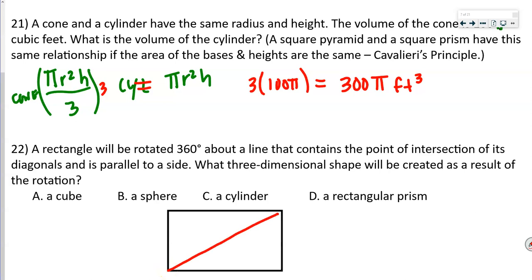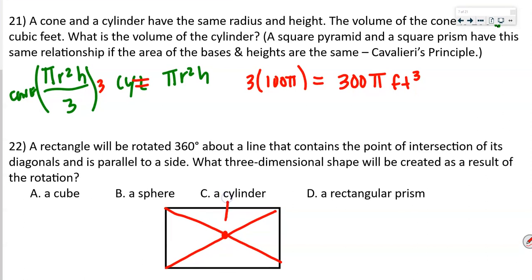So there's a diagonal, and there's a diagonal. So we're going to rotate about that point right there, right? So if we rotate about that point, what shape are we going to get? A cylinder, right? And that's because now this becomes round, doesn't it? So it is a cylinder.